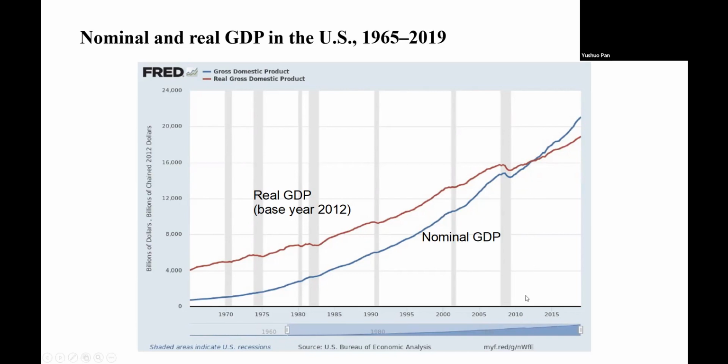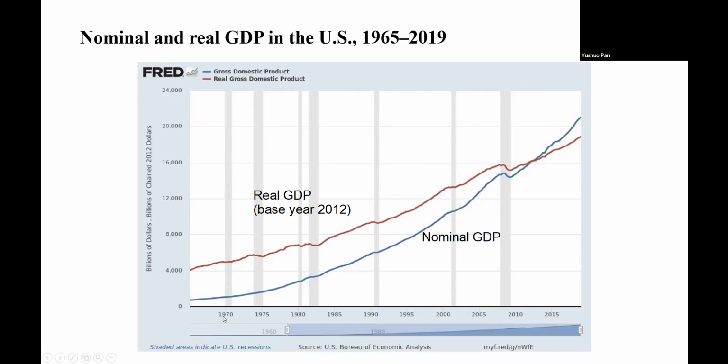But before 2012, before the base year, usually the inflation is positive over the years, right? So the earlier, the price level at that time should be lower, which means the nominal GDP should be much lower than the real GDP.